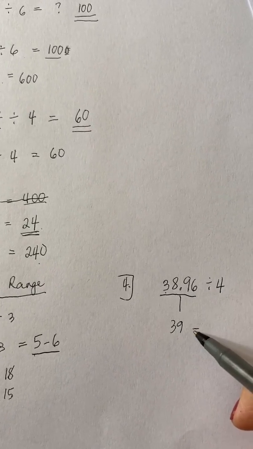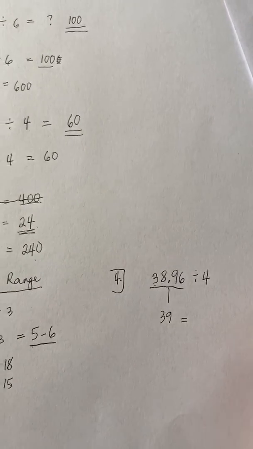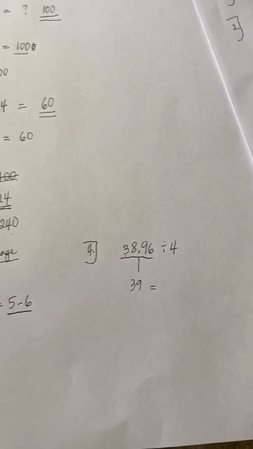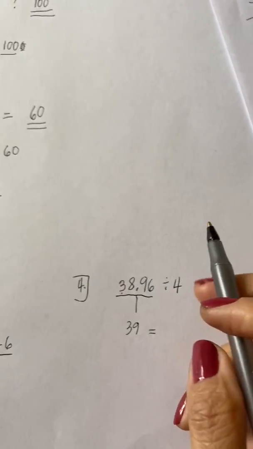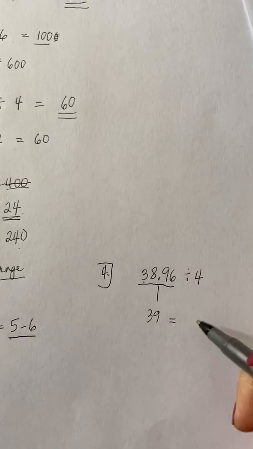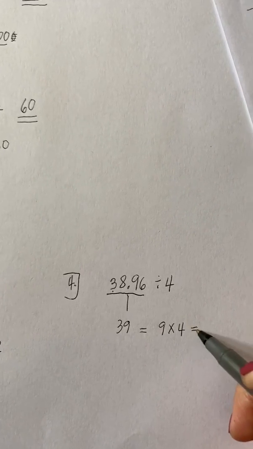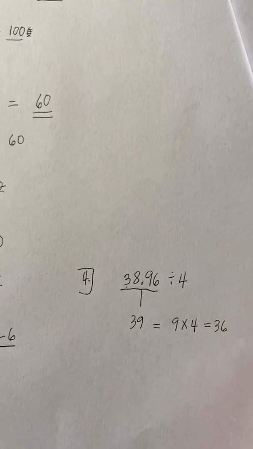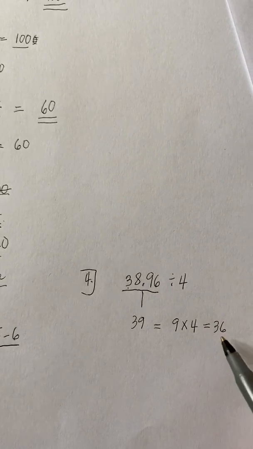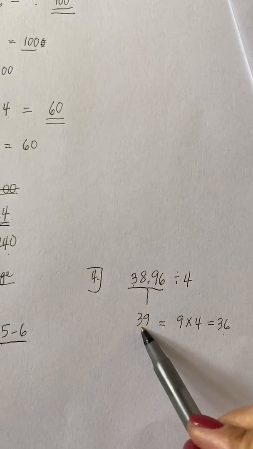So what are the numbers that I can multiply to give me 39? I can have 9 times 4, which is equal to 36, which is way below 39.